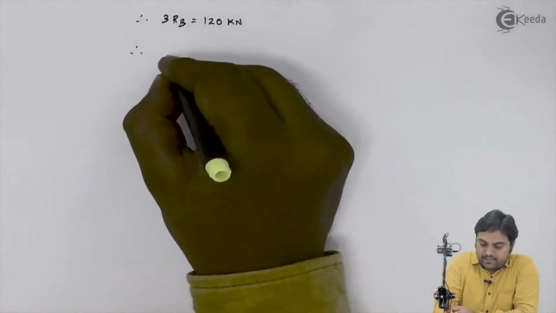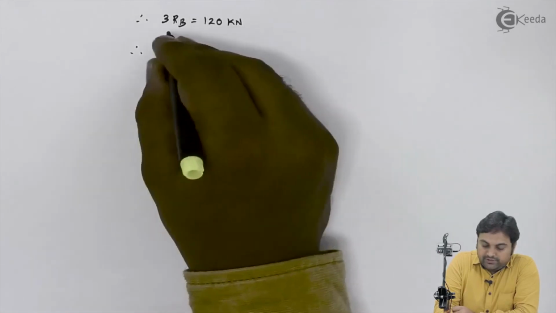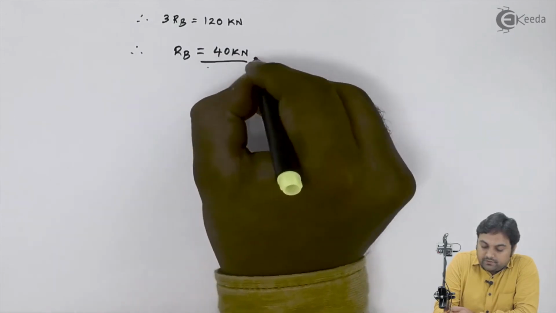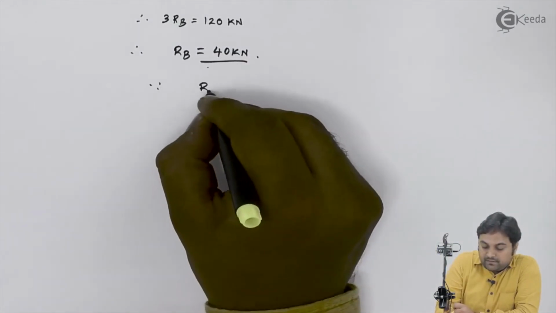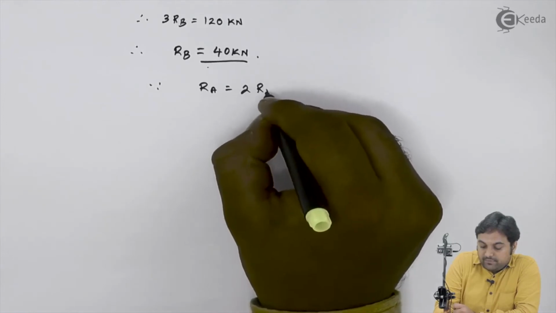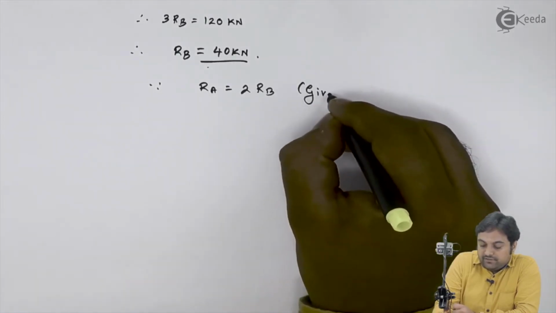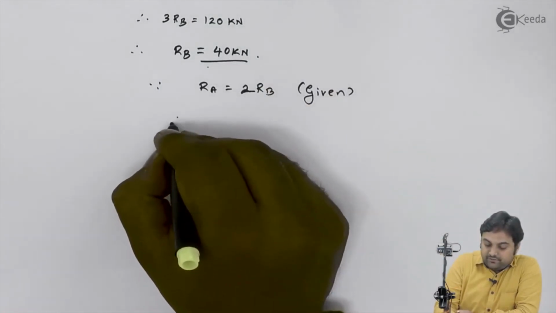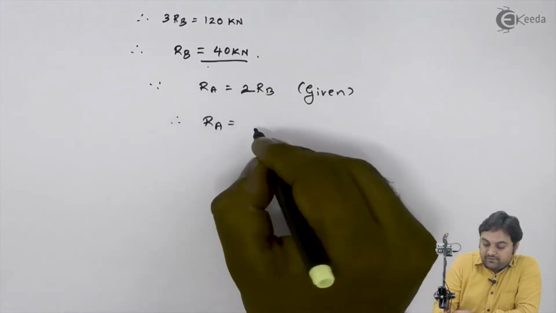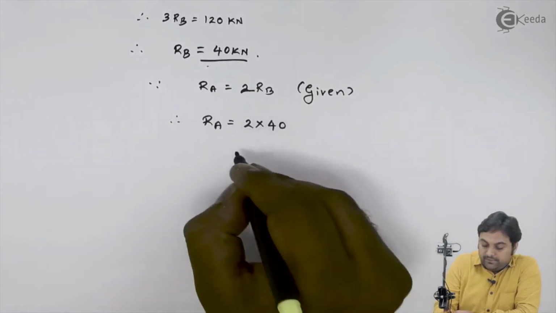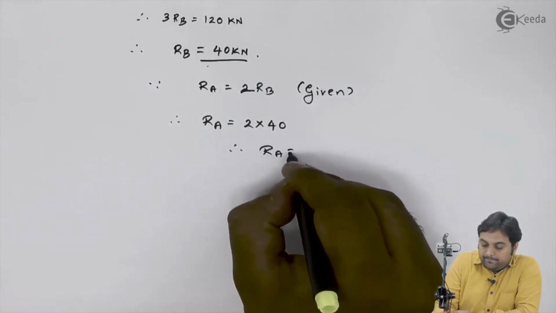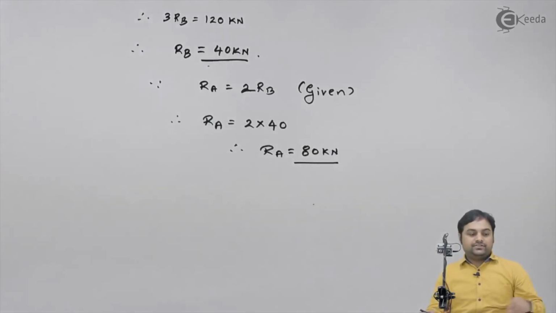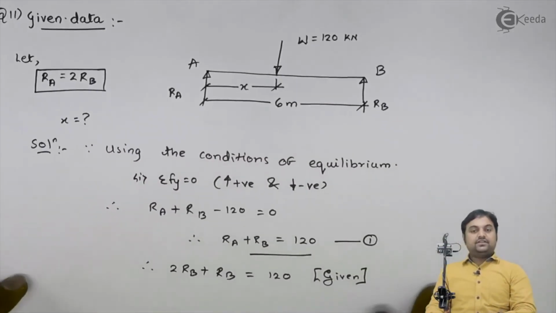Therefore RB is equal to 120 divided by 3, and that gives me 40 kilonewton. Since RA is equal to twice of RB, therefore RA is equal to 2 into 40, that is 80 kilonewton.